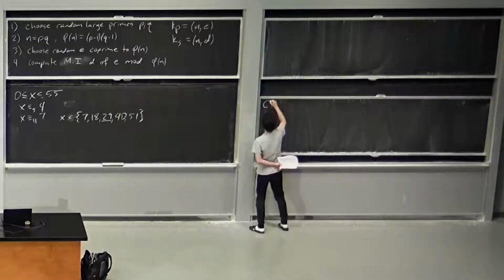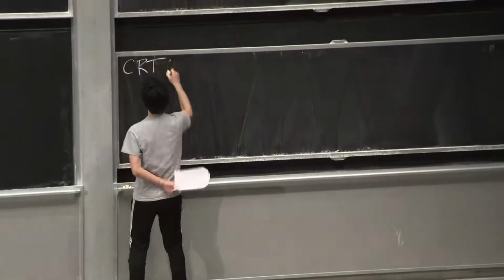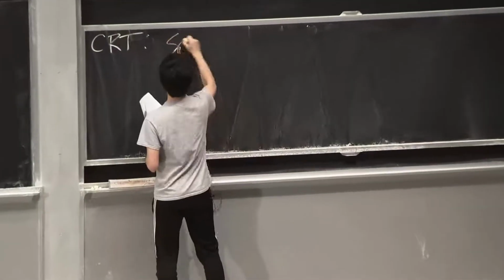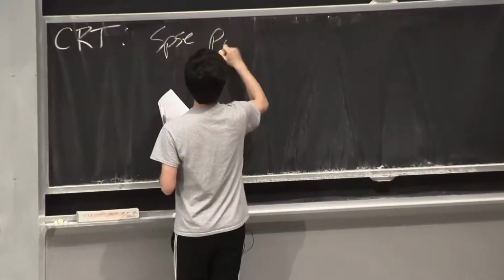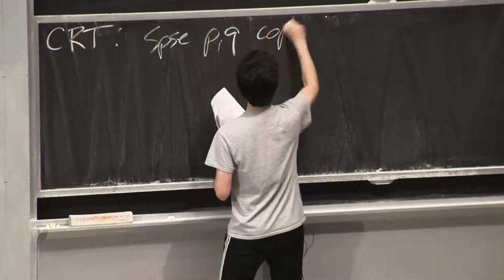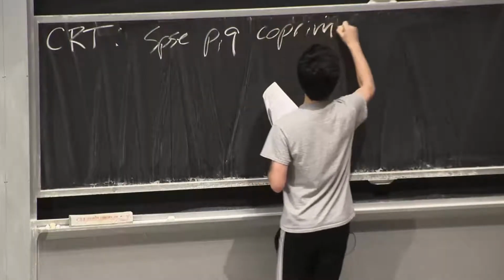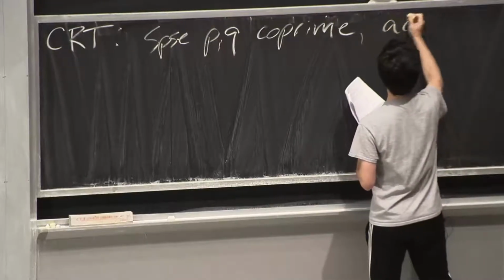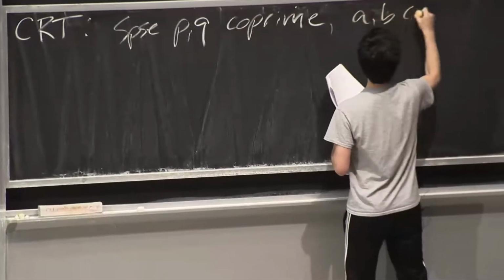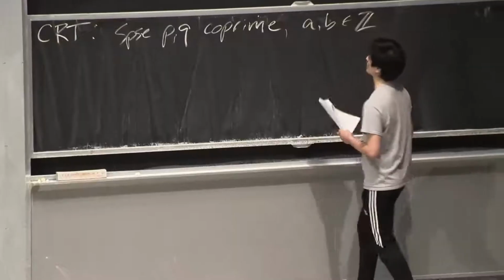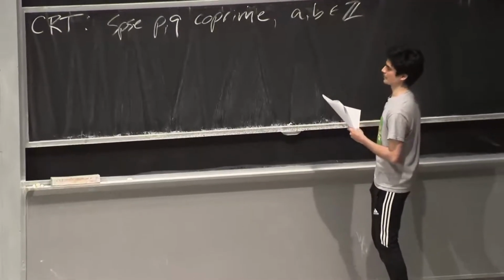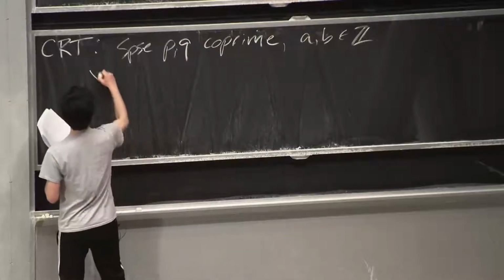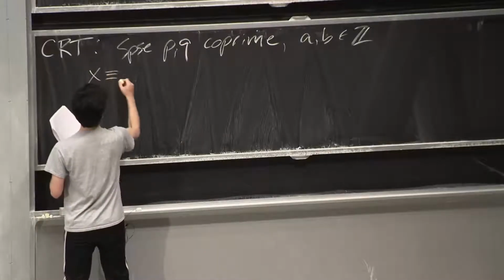So the Chinese remainder theorem, often abbreviated CRT. Suppose p and q are coprime. Okay. And a and b are integers. Okay. And we have the following system of congruences.